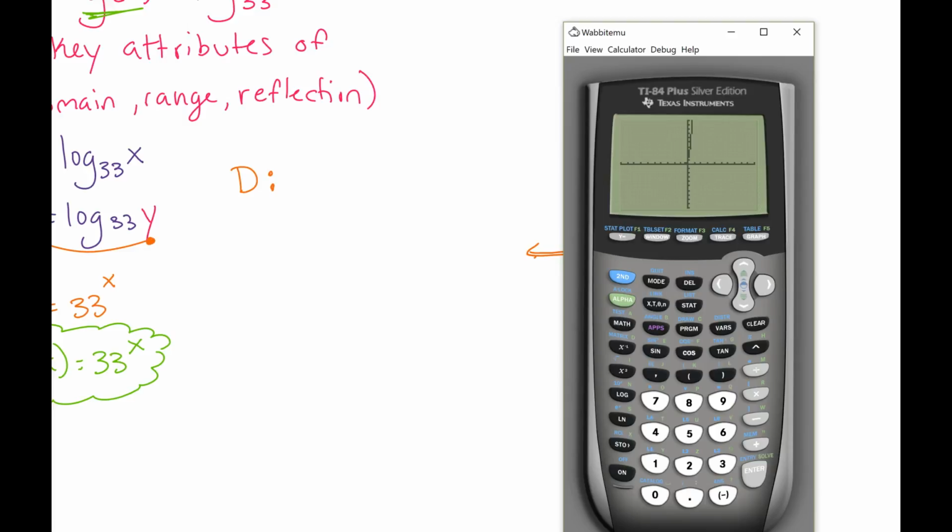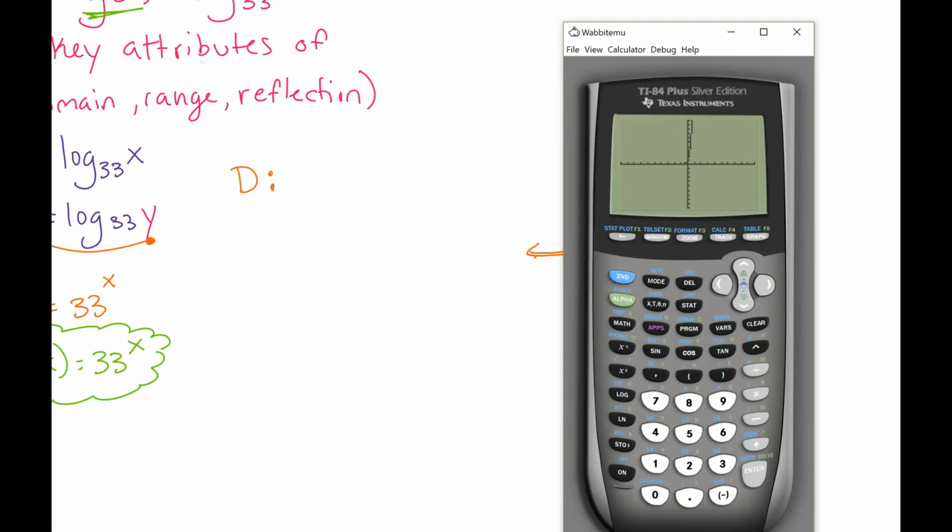Up and down is the line x equals 0. What is the horizontal line? Y equals 0. The asymptote is y equals 0. So your graph does not have a least x value. It keeps going on to negative infinity.